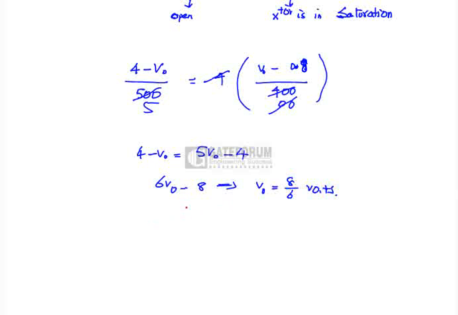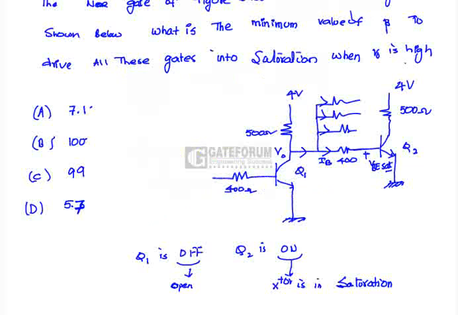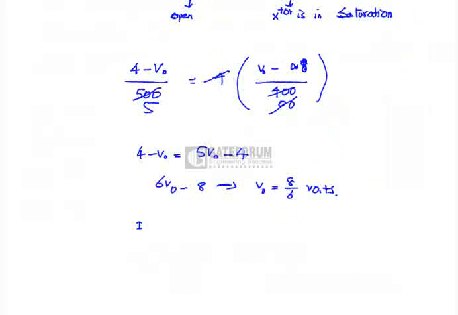From this the base current IB is given as, this is IC, IB = (8/6 - 0.8)/400, which equals 1.33 milliamps.